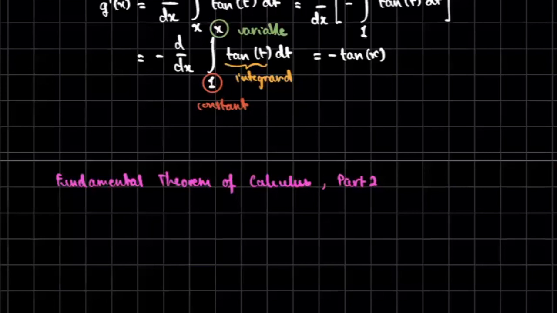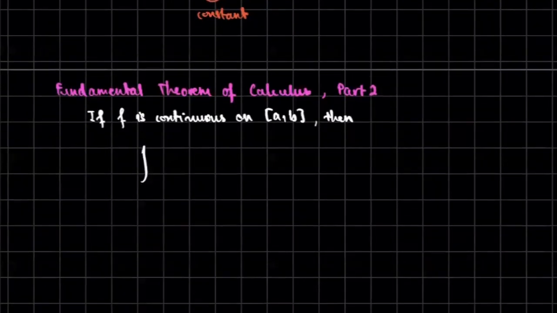So for the fundamental theorem of calculus part 2, also assume that if f is continuous on the interval from a to b, then if you take the definite integral from a to b of f of x dx, and now what you have here for little f is you take an antiderivative of little f, and you have capital F of x, and you evaluate capital F of x at a and b.